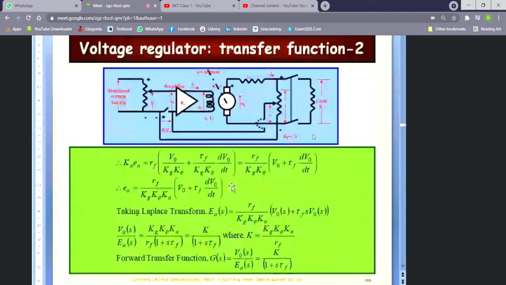Now taking the Laplace transform, we have EA(s) is equal to RF by kg k phi ka whole into VO(s) plus tau F s VO(s). So this is what we get over here after taking Laplace transform.